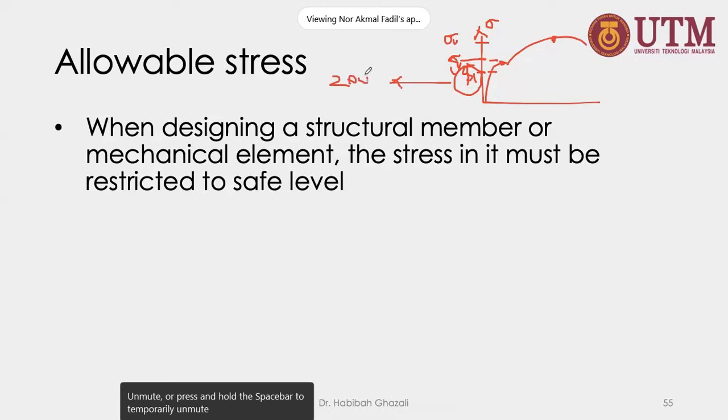For example, you design a bridge that supports a tensile load or bending load, maximum 200. What happens if the bridge is for a highway, and there is an accident?